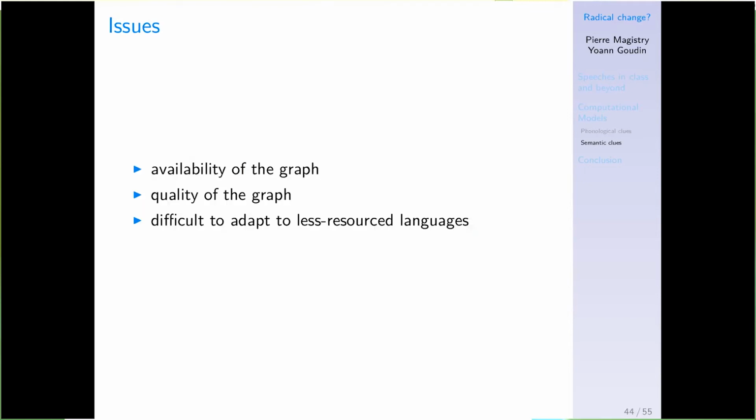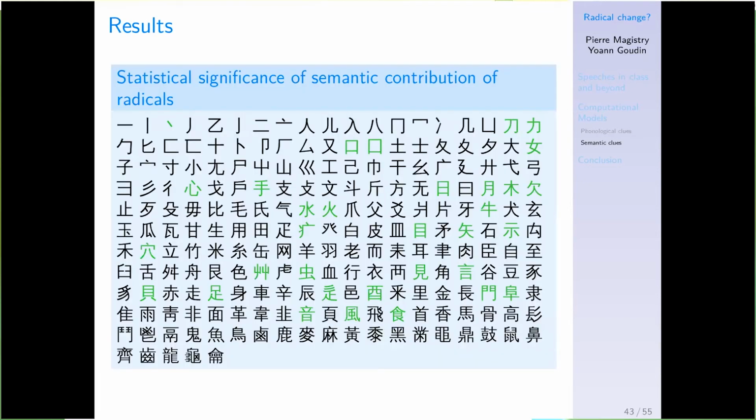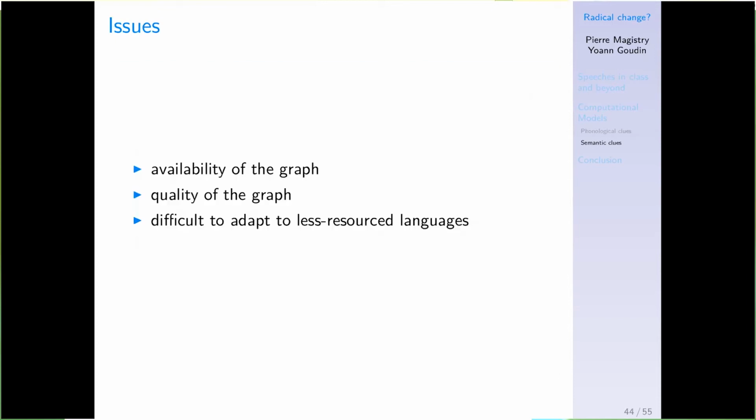And some are absent and we could expect them, like the hand or stuff like that. So this was a method that seems to be working, but one issue is that it's working on Mandarin, but to apply the same computation for other languages, it's a bit difficult because the graph is not easy to build.